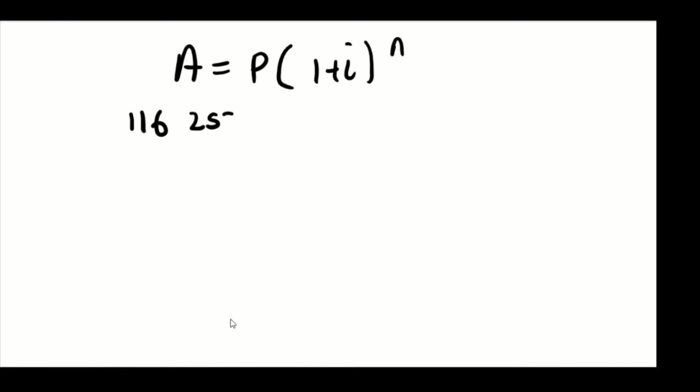So we have A equals P into 1 plus i to the power of n, and our A is going to be 116,253.5 equals 75,000 into 1 plus our interest rate, which is 6.8, yes, just to confirm.